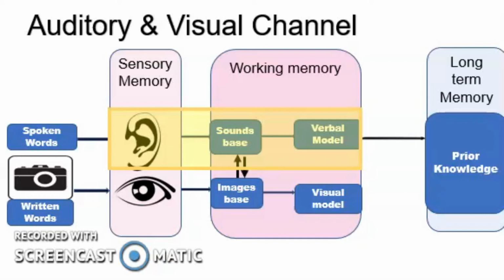And this visual model is integrated with the verbal model and the prior knowledge to form the new mental representations. So this is our visual channel. We should utilize both of these channels to consolidate learning, and we should not overuse any one of these channels.